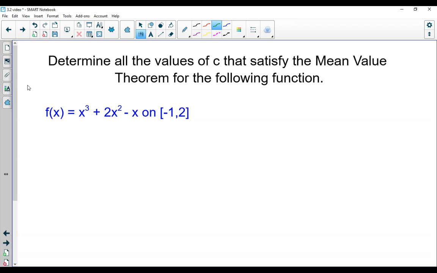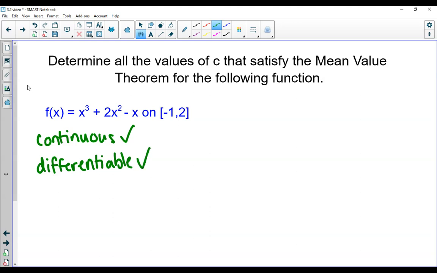The first thing that we need to do is check to make sure that this is continuous, which it is because it's a polynomial function, and also it's differentiable. Again, we know that because it's a polynomial function. So the next thing that we want to do is find the slope of this secant line. That would be f of 2 minus f of -1 over 2 minus -1.